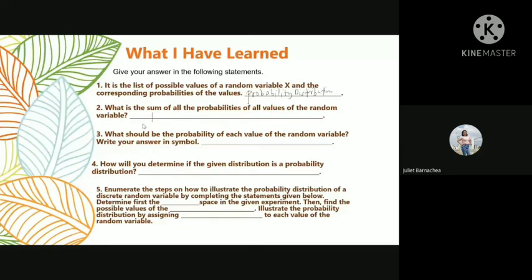Next, number 3. What should be the probability of each value of the random variable? Write your answer in symbol. Sabihin nyo na lang dyan. Ako na magsusulat na symbol.